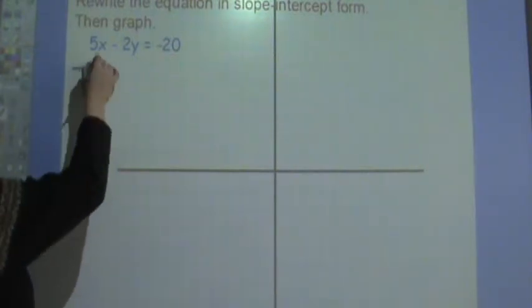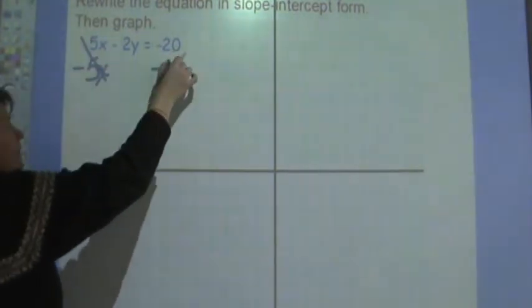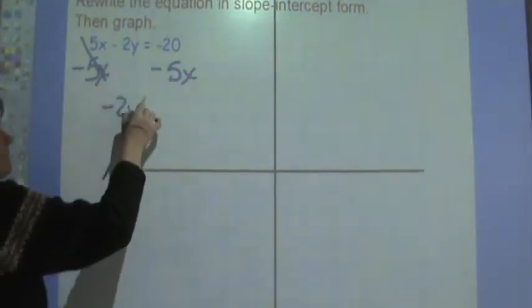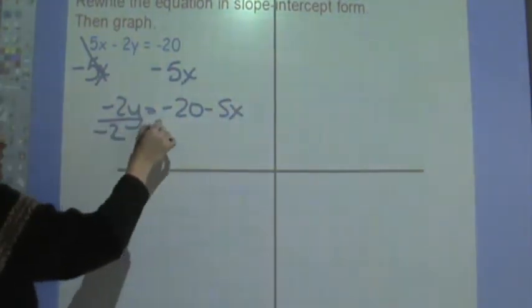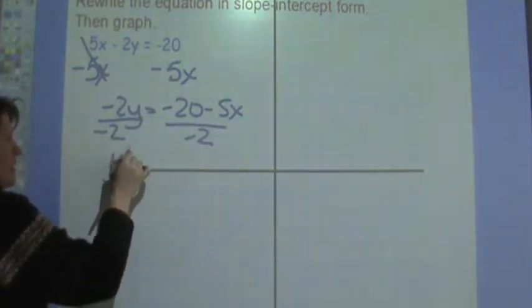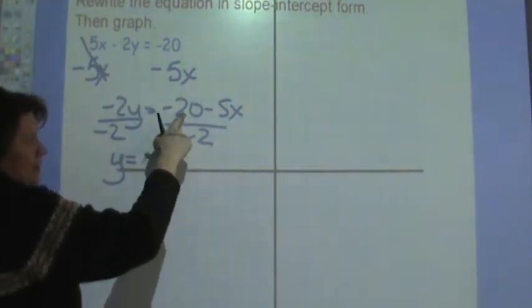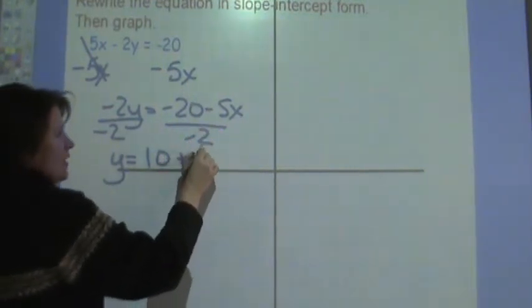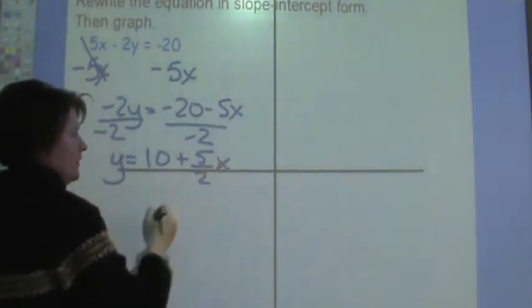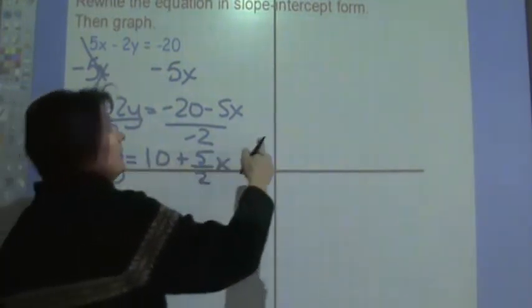Okay, so subtract and divide. Negative over negative is positive. 20 over 2 is 10. Negative over negative is positive, and let's just leave that as a fraction. So I'm going to start at 10.